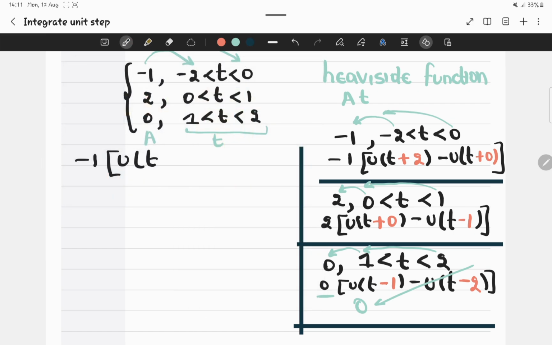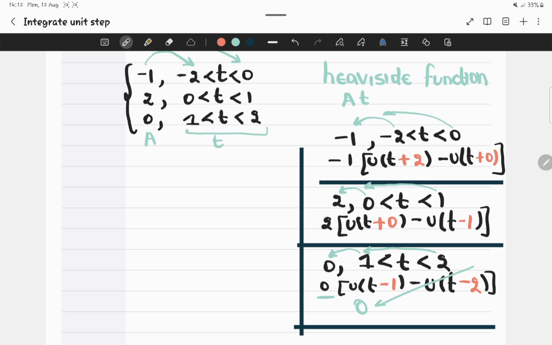If I have to write it in Heaviside functions, the first one is going to be negative 1 u(t) plus 2 negative u(t plus 1).